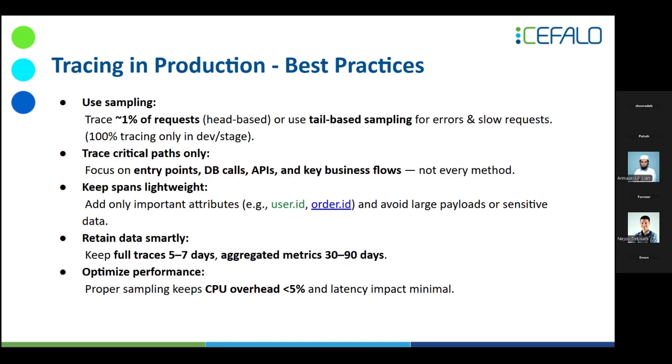Another best practice could be to trace only the critical paths that can actually cause the issue. Keep your spans lightweight. That means only adding the important attributes that you need, not adding all those attributes. And retain data smartly, like keep traces for 5-7 days or 3-4 days, because traces are mostly to give information about how your application is performing, or how it is communicating with other services.